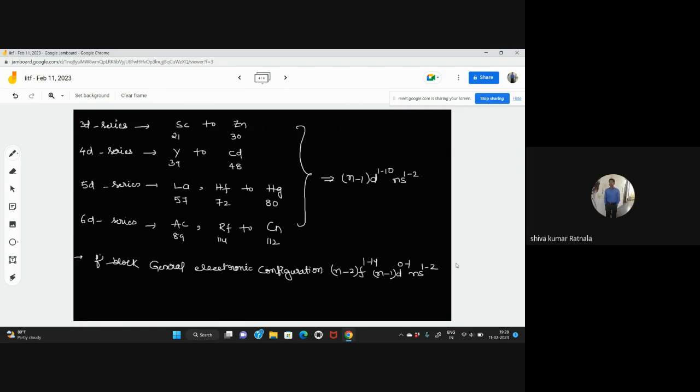You need to remember, in the F block we have two series. That is the 4F series, which is also called lanthanoids, and the next one, actinoids. Lanthanoids start from lanthanum, next cerium 58, praseodymium, up to lutetium 71.